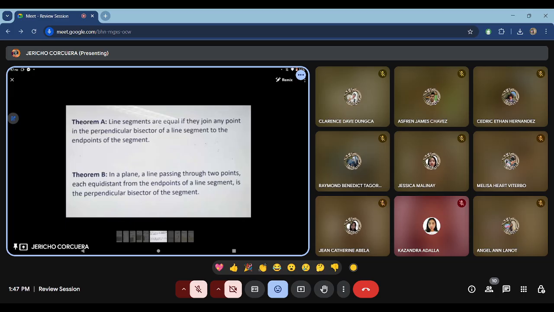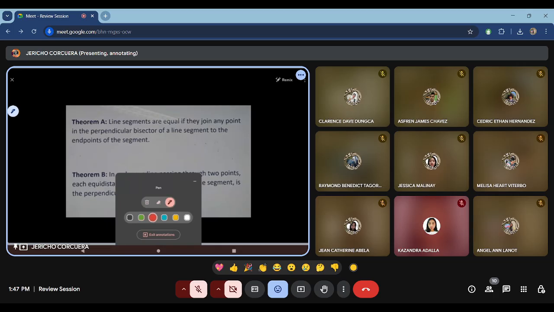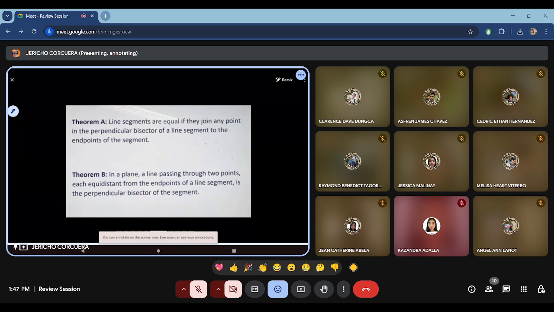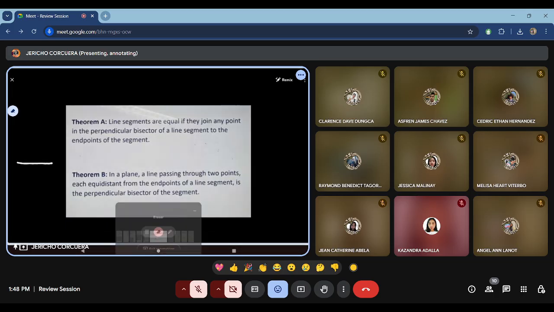Okay, where is it? Ito siya, oh. Let's start first with theorem A. I'll draw it on the left side. So we will have it here that line segments are equal. They join any point in the perpendicular bisector. Ayan, let's start here. Ayan, ganyan siya.